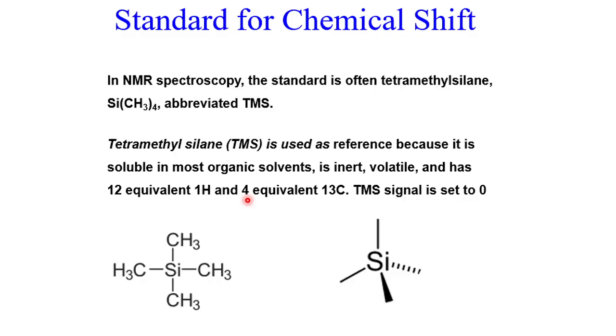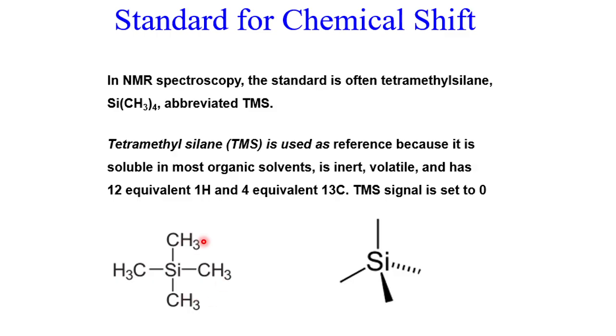Now why is TMS, or tetramethylsilane, used as a reference or standard sample? The first reason is it is soluble in most organic solvents. The second is it is very inert, it does not react with your solvent or with your sample. And it has 12 equivalent 1H and 4 equivalent 13C. 12 equivalent 1H means there are a total of 12 protons, 3, 3, 3, 3.